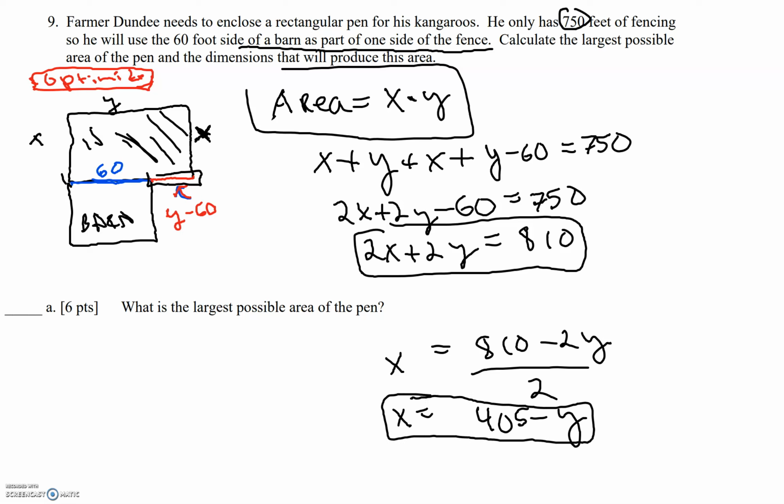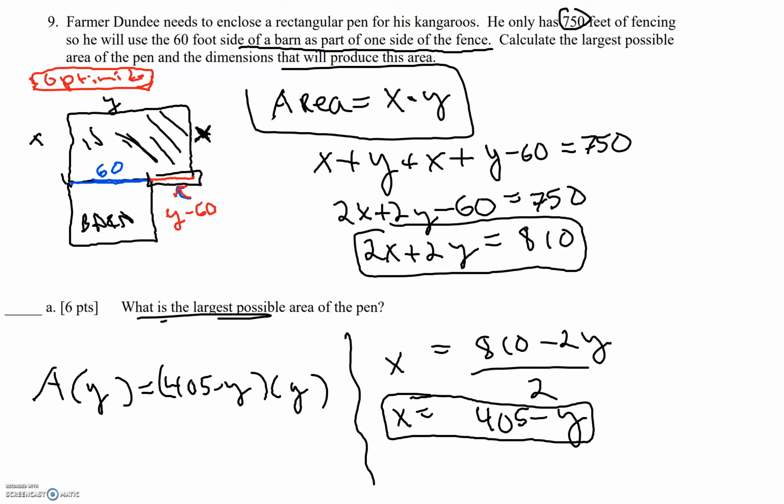And so we will plug that into our area formula. Because I chose to solve for x, I have a function of y, so don't let that freak you out. So this is now 405 minus y times y.